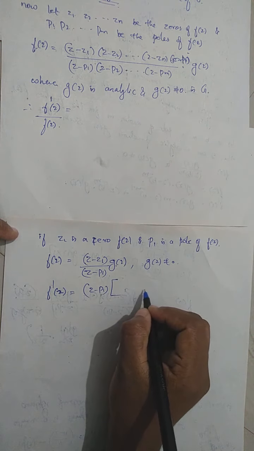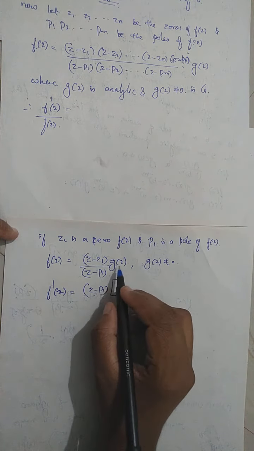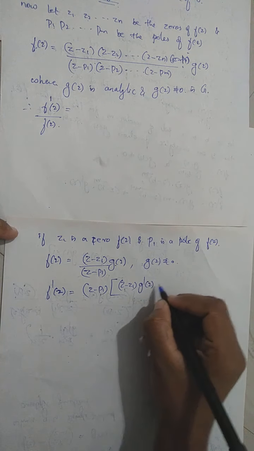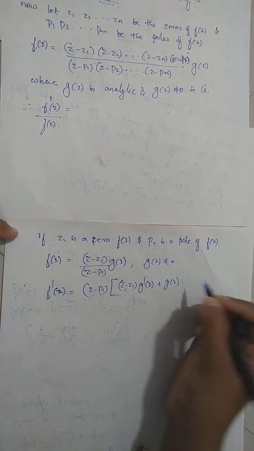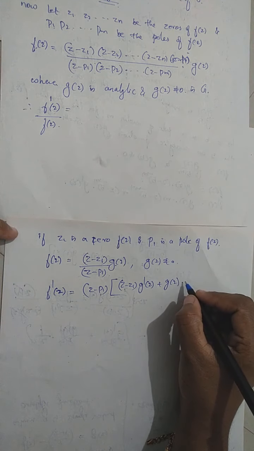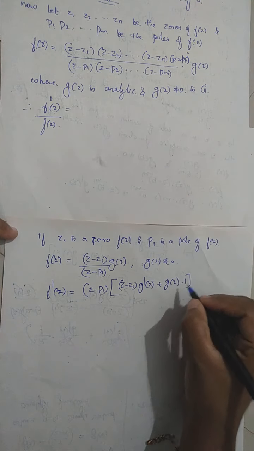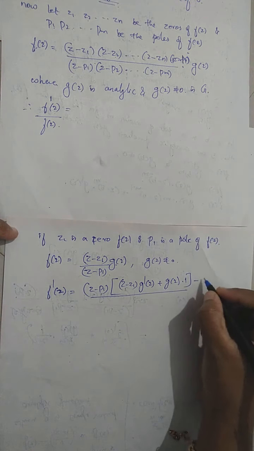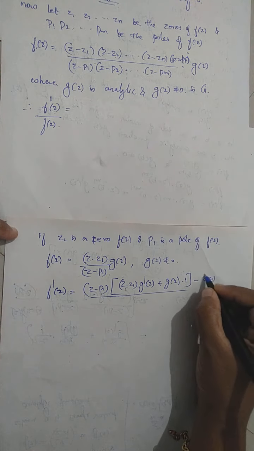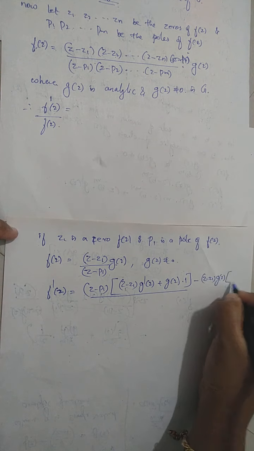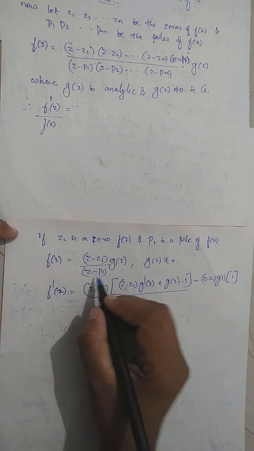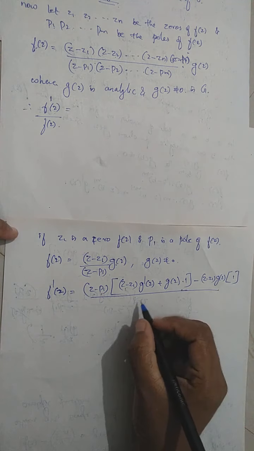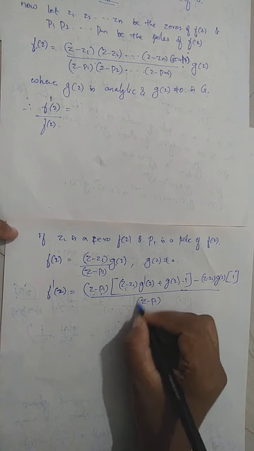To write the derivative of the numerator, we use the product rule: first function times derivative of second function plus second function times derivative of first function, and the derivative of z minus z1 will be 1. Then minus numerator z minus z1 g z times derivative of denominator, that is 1, because the derivative of z minus p1 is 1, whole divided by denominator square, that is z minus p1 square.